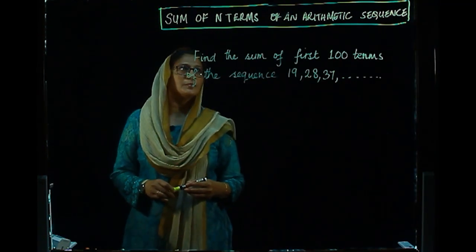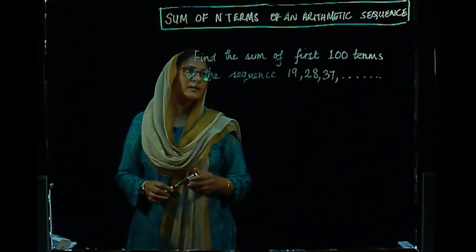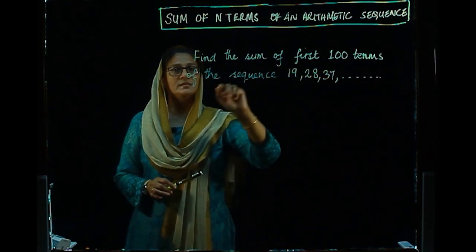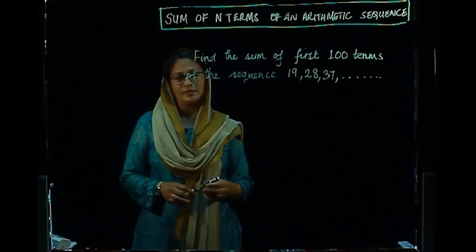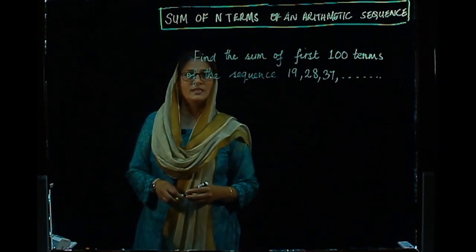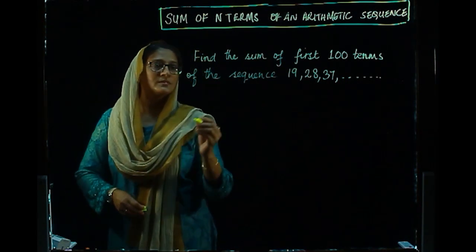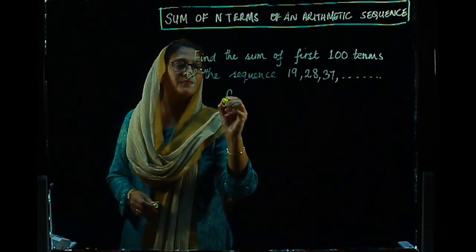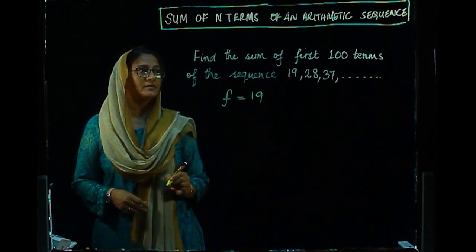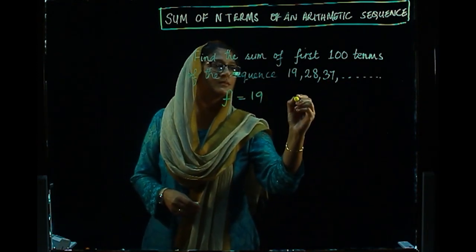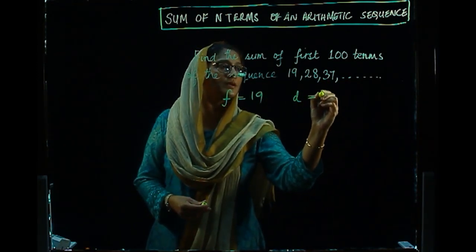Using the result we have obtained just now, let us try to find the sum of the first 100 terms of the sequence 19, 28, 37, etc. As we have seen earlier, in this sequence the first term f is equal to 19, and the common difference d is equal to 9.